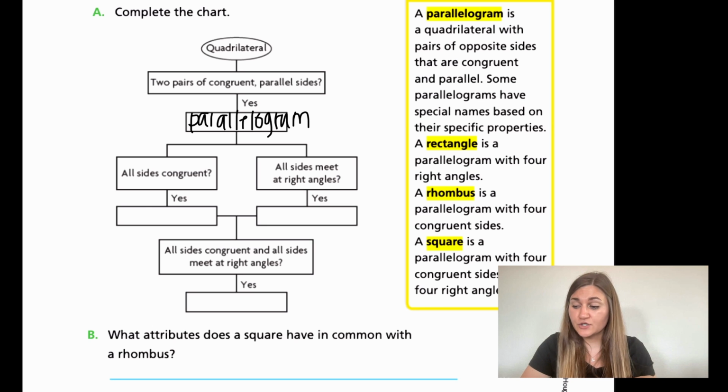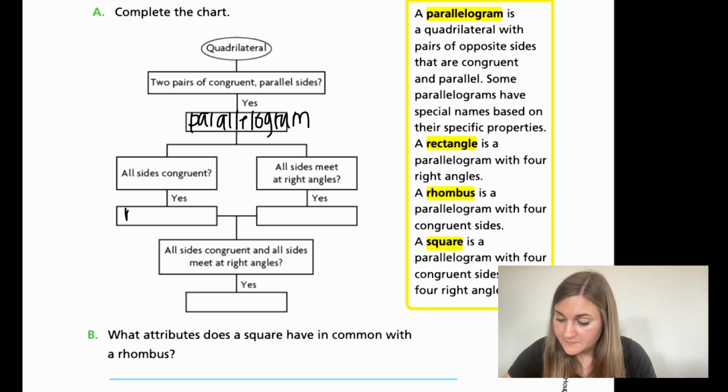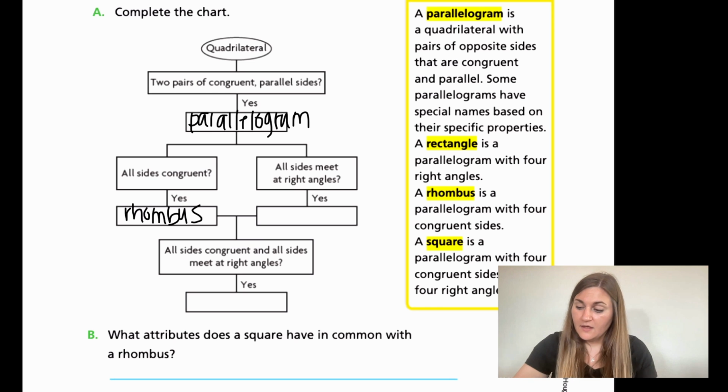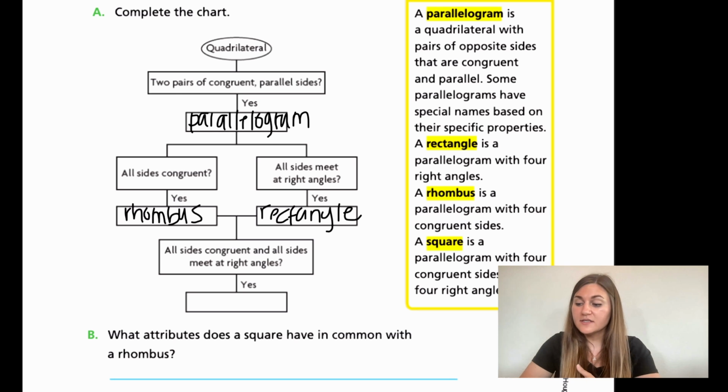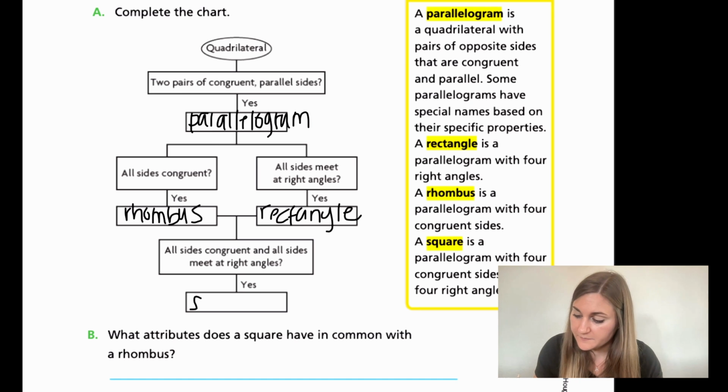If all the sides are congruent, then that shape is a rhombus. Then if all the sides meet at right angles, that would be our rectangle, because our rectangle has the right angles, but it doesn't have all the equal sides. So that would be a rectangle. Then if all the sides are congruent, equal, and all the sides meet at a right angle, that would be our square.